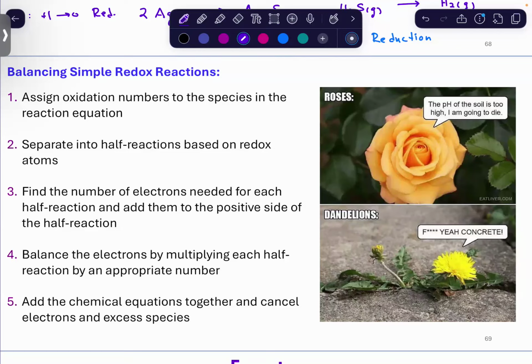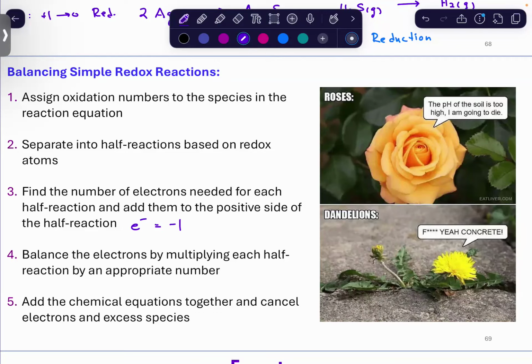So first here, for our simple redox reactions, you see we're going to assign oxidation numbers. Then we're going to separate our chemical reaction into half reactions. Then we're going to find the number of electrons needed for each half reaction and add them to the positive side of the half reaction. So we're going to be using electrons to balance the charges. So in this case, electrons are seen as a -1.